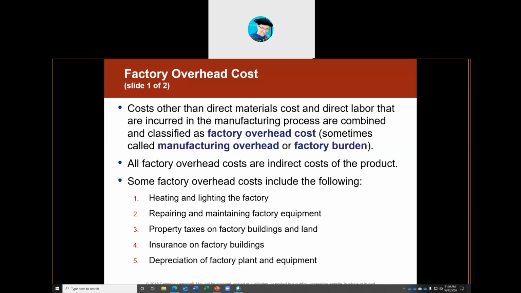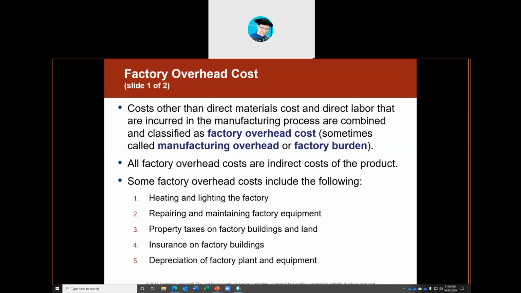All factory overhead costs are indirect costs that are related to the product being produced. These would include things like heat and light for the factory, repair and maintenance, property taxes, insurance, depreciation.